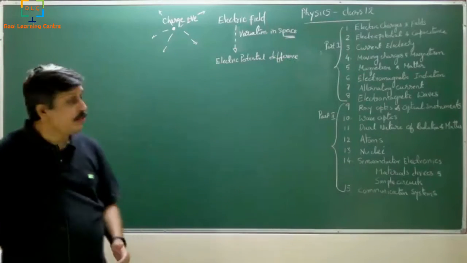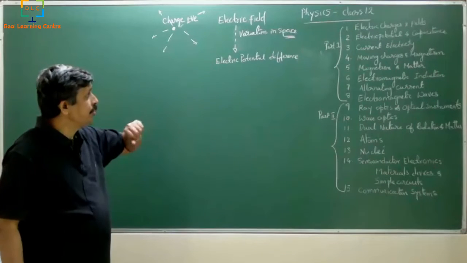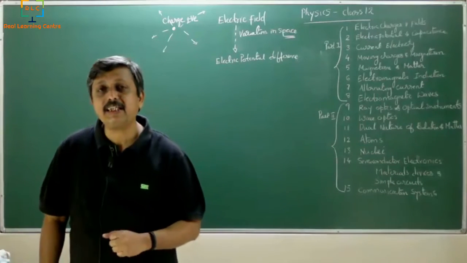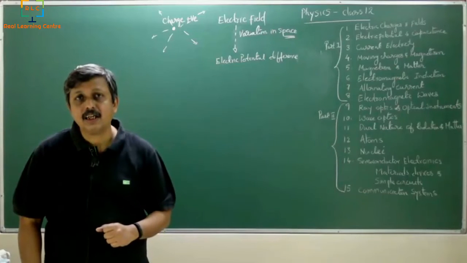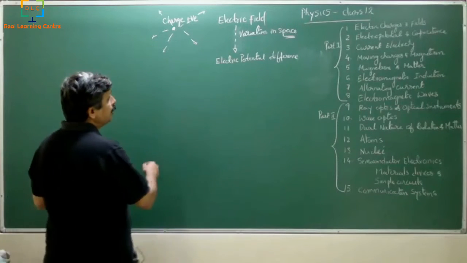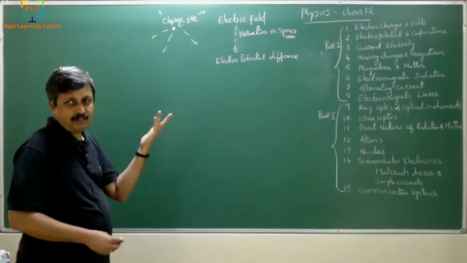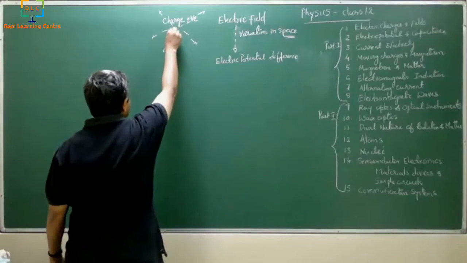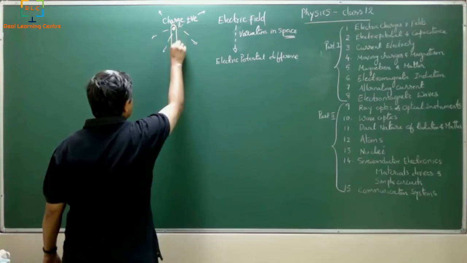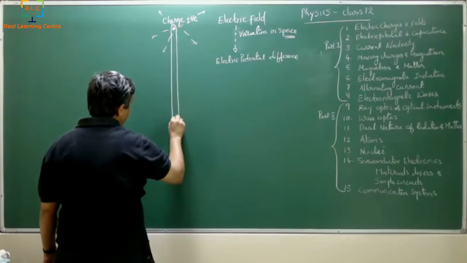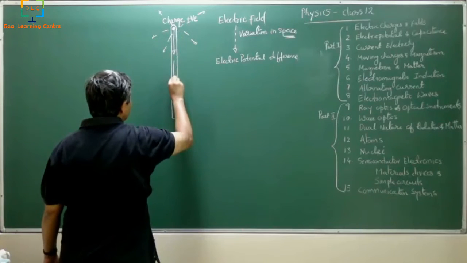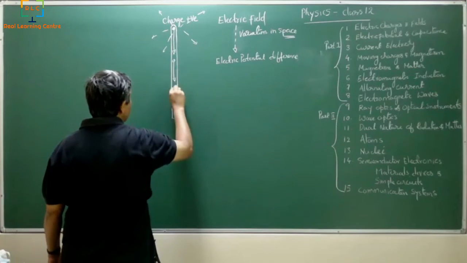Now, the moment you have electric potential difference, an electric field is there. Suppose the electric charge is not standing there, and I have a conductor like this, and inside that conductor the charges are moving.